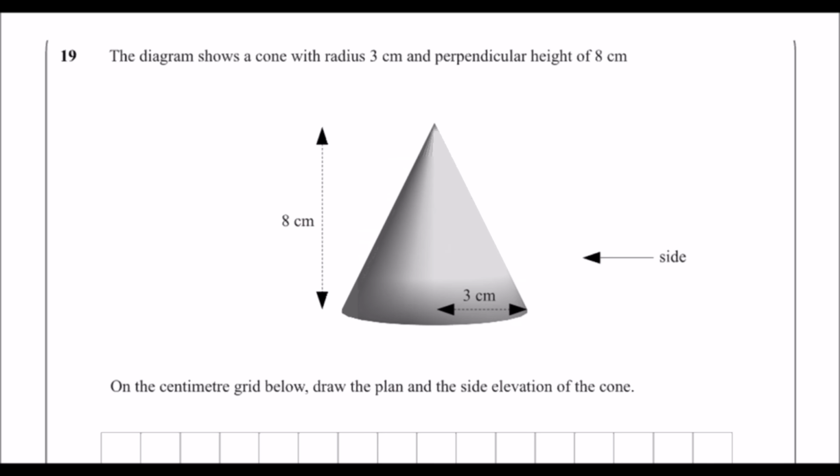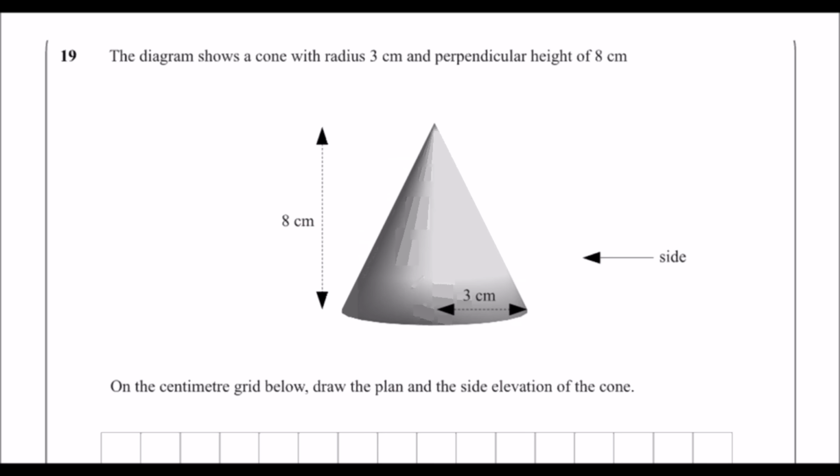And the side elevation, the view from the side, is going to look like a triangle. So the plan is a circle with a radius of 3 centimeters, and the side elevation is a triangle with a base of 6 centimeters and a height of 8 centimeters.